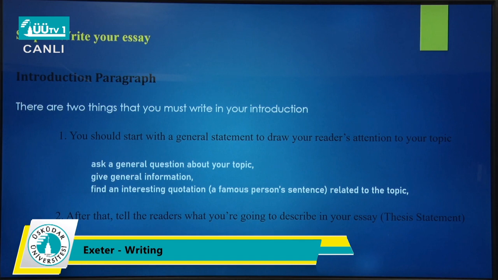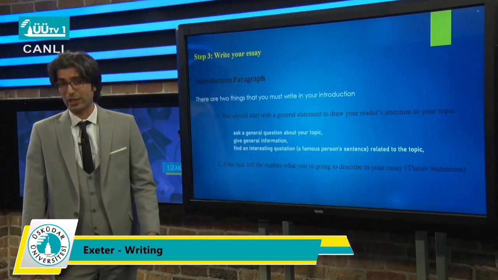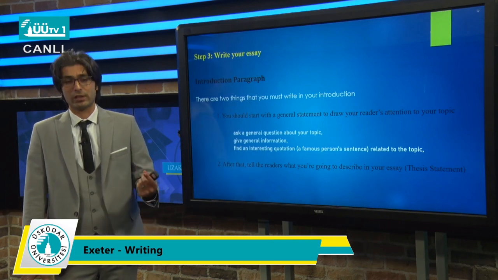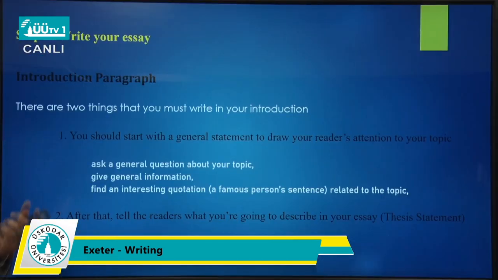our essay. First of all, as you know, we have the introduction paragraph. What is an introduction paragraph? As you can see here, the introduction paragraph is a part where you tell your reader what you're going to talk about. But first of all, you need to generalize it. In the introduction, first step, you should start with a generalized statement to draw your reader's attention to the topic.